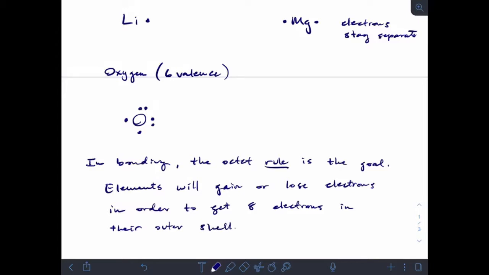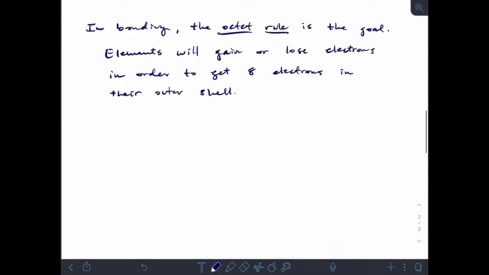So the octet rule is why things bond, why ions form, all kinds of reasons for various types of chemical behavior. Elements want to have at least 8 valence electrons in their outer shells, preferably exactly 8. So let's take a look at how this plays out with ionic bonding.